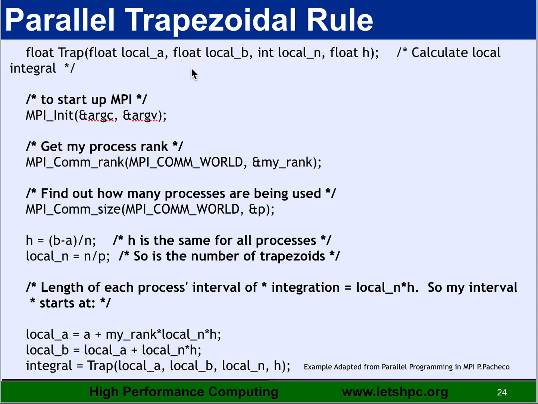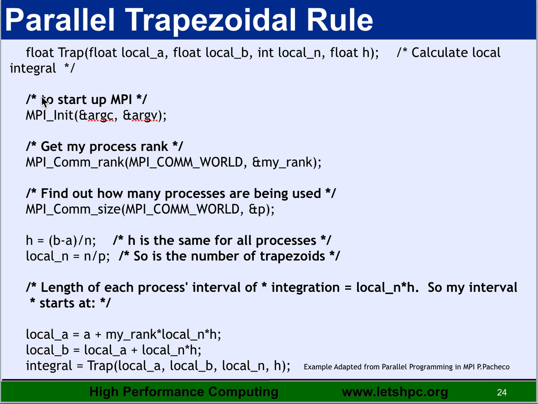It will output the local integral for this local a and local b, so the sum for these local n trapezoids.